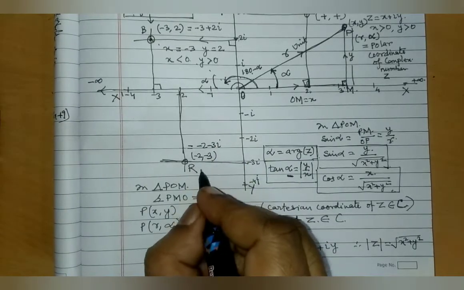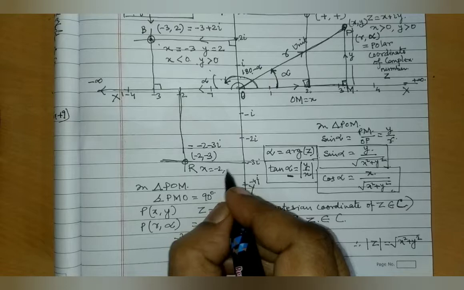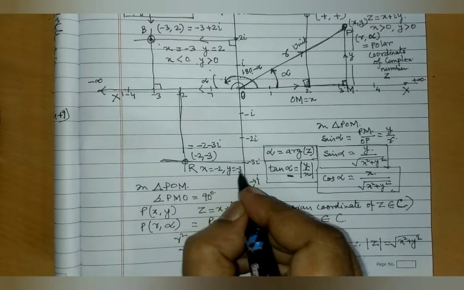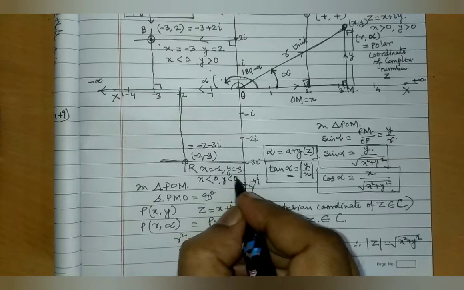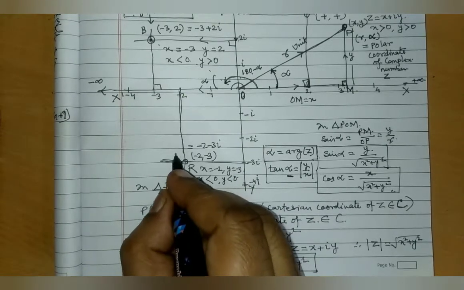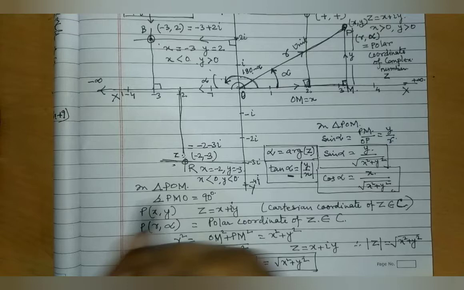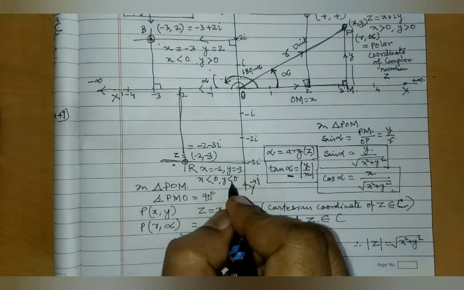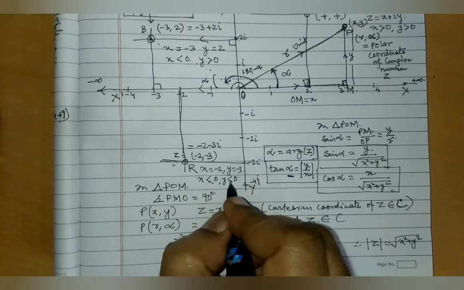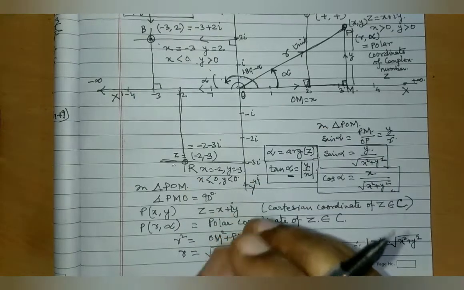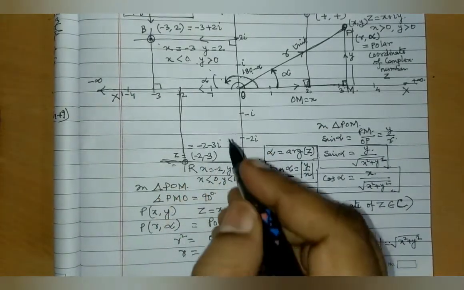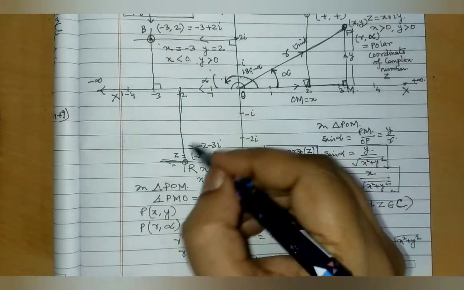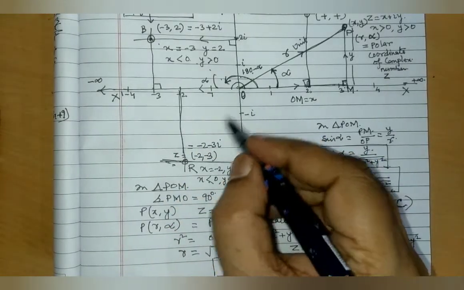Here, if you compare, x is equal to -2 and y is equal to -3, so x is less than 0 and y is also less than 0. So this represents a complex number, suppose z, where both coordinates x and y are less than 0 because both are negative.